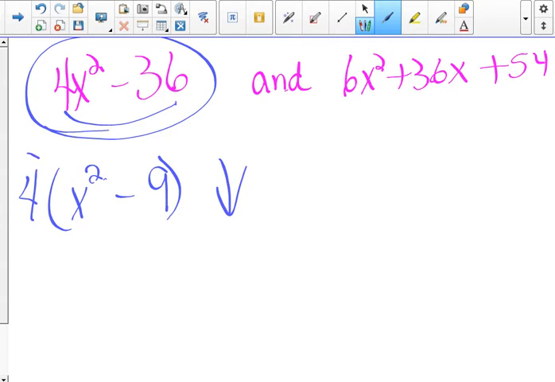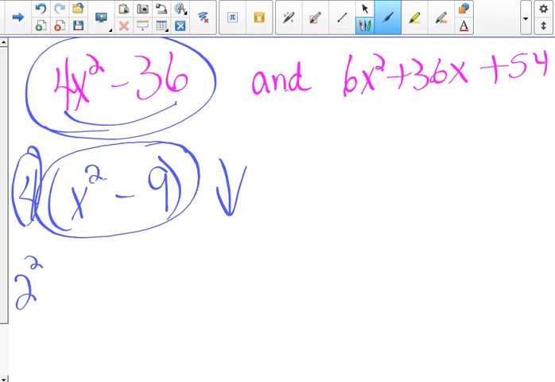So now, let's rewrite 4, because 4 is not prime. 4 is 2 squared. Now, 2 is prime, so we're good. Now, what do we know about this guy? Algebra 1. How about the difference of 2 squares? Because x squared is just x squared, and 9 is 3 squared. So this is the difference of 2 squares.